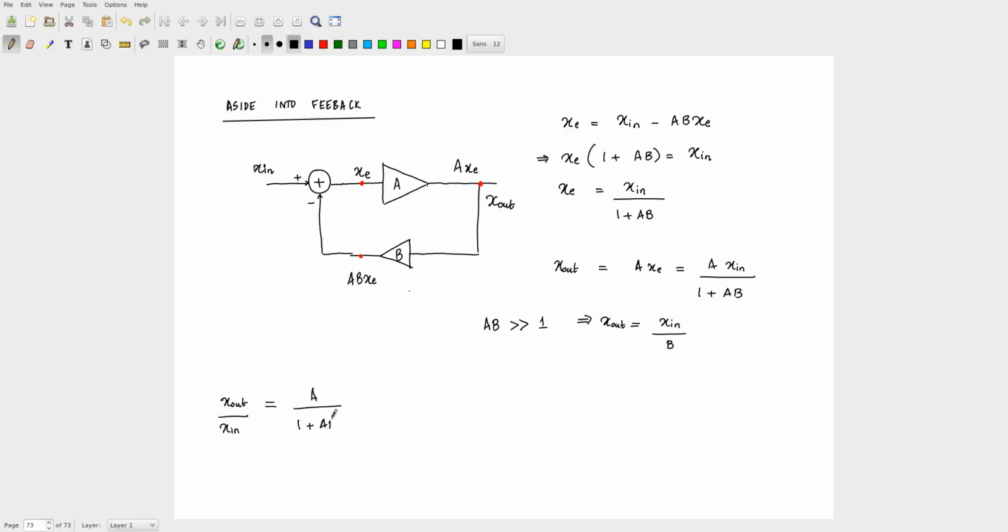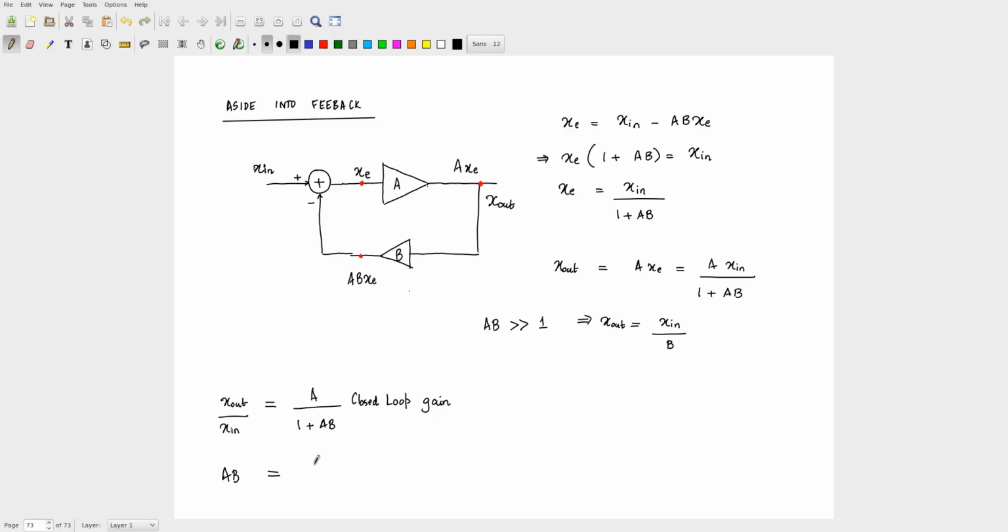This quantity is called the closed loop gain. Because when the loop is closed, your X out by X in is this. Okay. The quantity A times B. What is A times B? Can you give me a name? Okay. So A times B is called the loop gain.